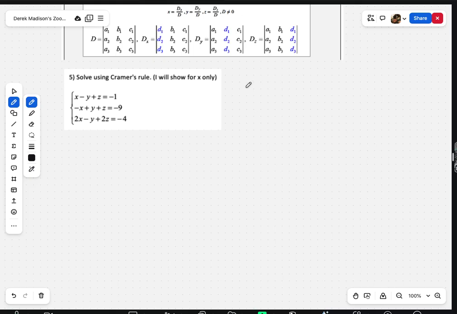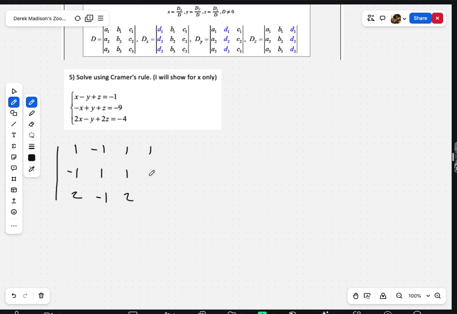And so let's go ahead and write out d. I'm actually going to do this by the second method. So I'm going to do 1, -1, 2, and then -1, 1, and -1, and then 1, 1, and 2.